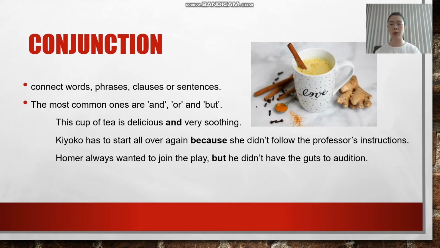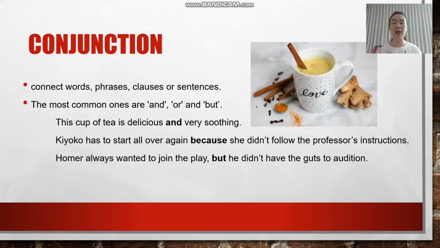Okay, for example, this cup of tea is delicious and very soothing. Wow. Kyoko has to start all over again because she didn't follow the professor's instructions. Homer always wanted to join the play, but he didn't have the guts to audition. Okay, so it's not only the words and or but that I mentioned earlier.